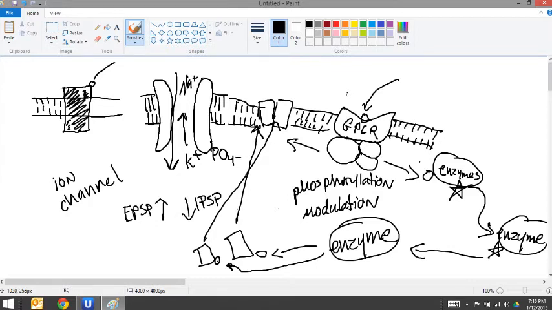So it actually is kind of complicated what happens here to here to here, but all you need to know is a G-protein coupled receptor gets activated and a whole bunch of other stuff happens. It will change a lot of what the cell is doing and what the ion channels in the membrane are doing, and that it will be much more substantial than just activation of any one ion channel.